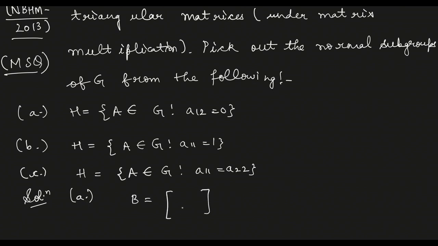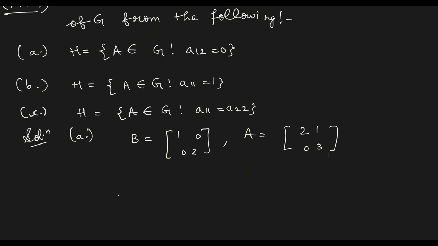It will still be invertible. If I take B matrix as 1 0 0 2, A matrix as 2 1 0 3, it is clearly upper triangular. Its entry A12 is also 0 and it is invertible also. Determinant is non-zero.